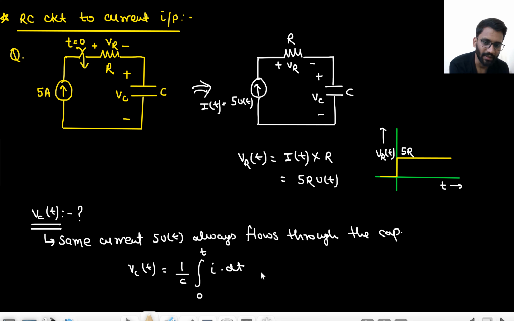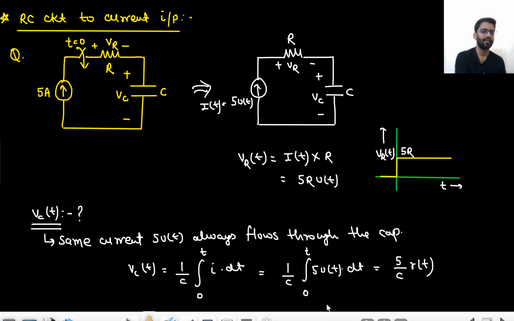From 0 to time t, right? So 1 by C integration 0 to t 5u(t) dt. So it would be 5 by C r(t), or you can write 5t by C into u(t), right? What is the integration of step? 5 is common, integration of step is the ramp, or you can write r(t), you can write t u(t).